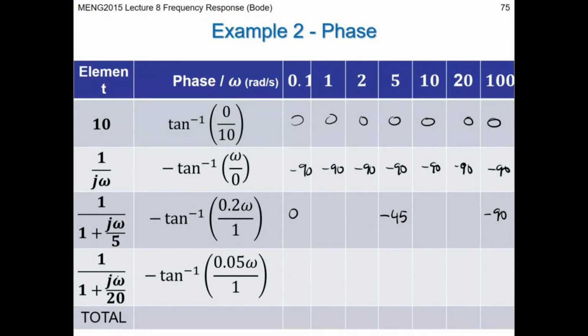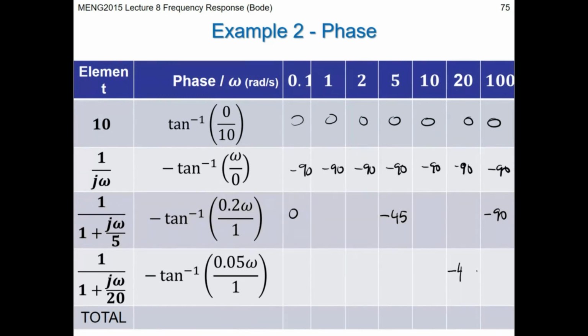And again here, this is 1 plus 1 upon 20 times s, or when we convert it to frequency form, 1 plus 1 upon 20 times j omega, right? So what's our time constant tau?